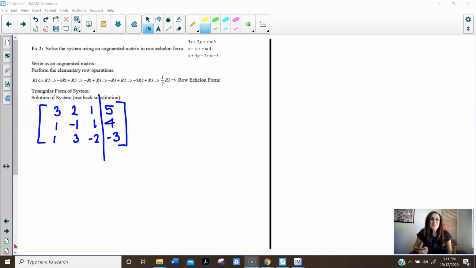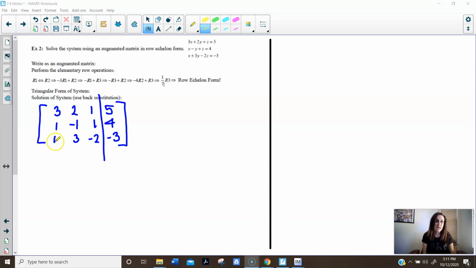So what we're going to do in example 2 is we're going to take the system of equations, which is 3x plus 2y plus z equals 5, and so forth, and we are going to write it as an augmented matrix. And then as an augmented matrix, we're going to change that matrix to row echelon form.